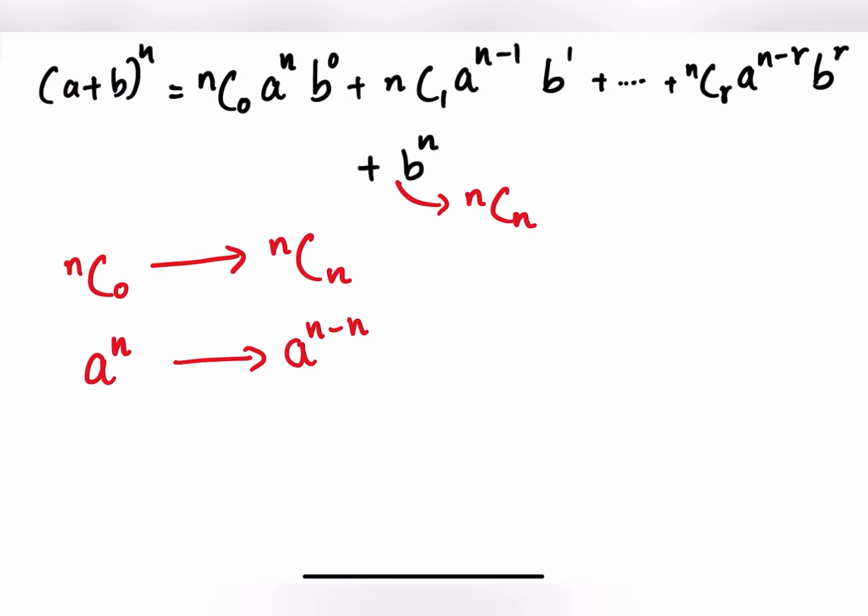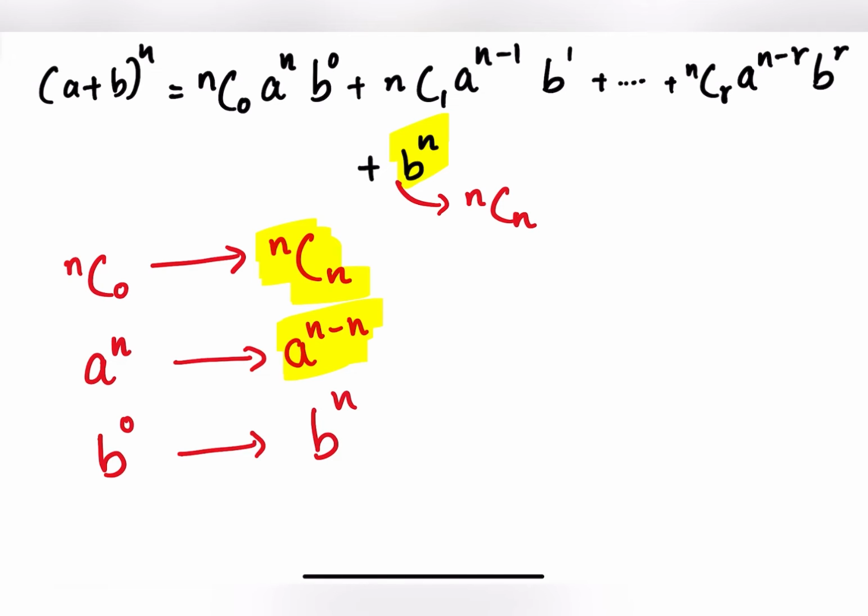And what is happening to b? b is changing from b^0 to b^n. This is the reason in the last term we only have b^n, because both these terms have a value 1 in the last term.